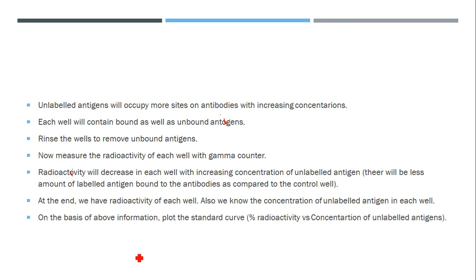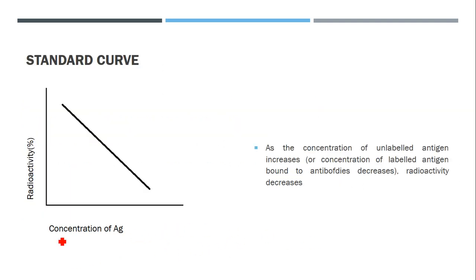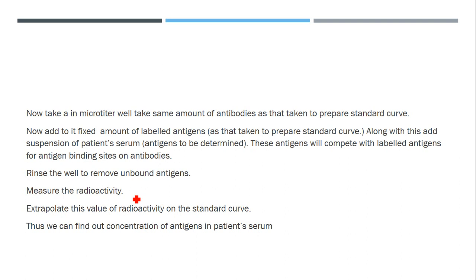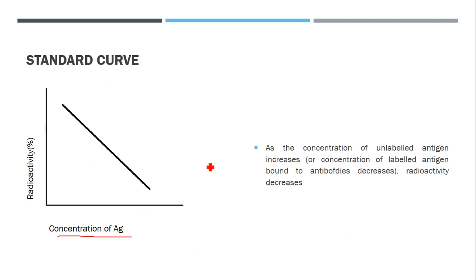So, on the basis of the above information, plot the standard curve. The curve we have to plot is between the concentration of unlabeled standard antigen and radioactivity. As the concentration of unlabeled antigen increases, radioactivity decreases. So now we have got the standard curve.